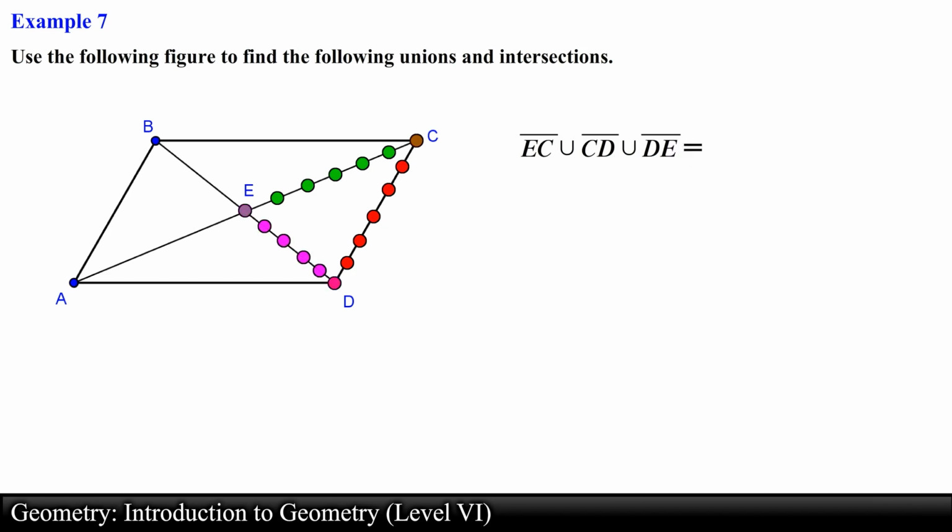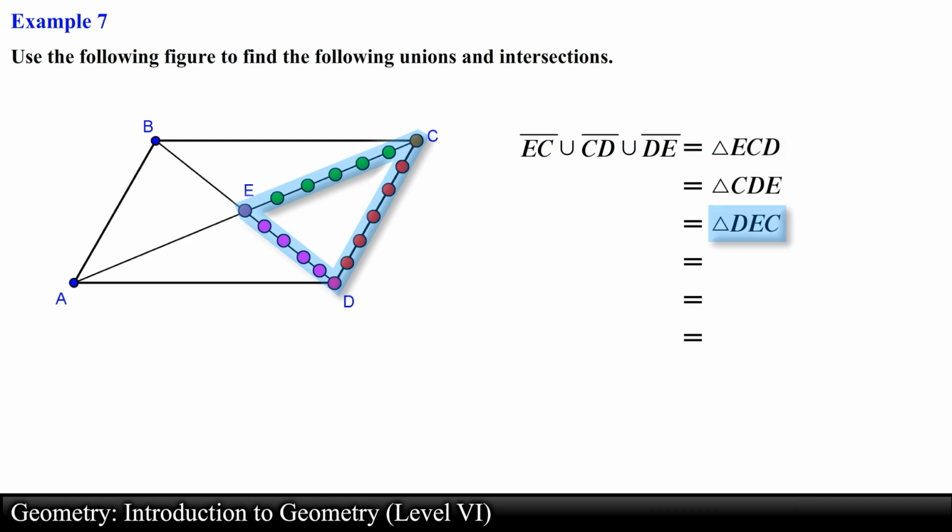Since we're trying to find the union of all these points, we see that by merging all these points together, we create a new set of points that represents a triangle, specifically triangle ECD, or written in other ways as triangle CDE, or triangle DEC, or triangle DCE, or triangle CED, or triangle EDC, as long as you label the points forming the line segments or sides of the triangle clockwise or counterclockwise.